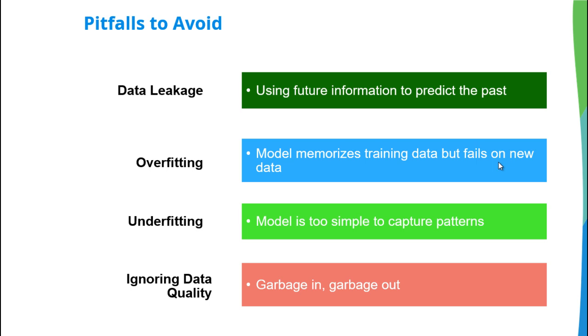We need to add more features sometimes, clean data, handle missing values, and do proper EDA, exploratory data analysis, and not ignore data quality. Garbage in, garbage out means whatever you supply is what you get as a result. If you have bad data, you automatically have a bad result. So the data must pass through a proper EDA for you to have a good result.